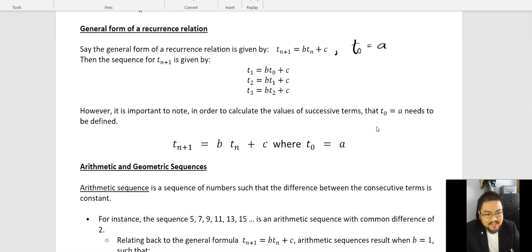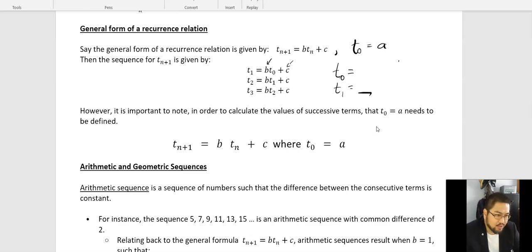So what this is saying is that if you are given a sequence, you're given a number, a term 0. To find out the next number in the sequence, you need to multiply by b, and you need to add or subtract a value c, and once you do that, you'll get your next answer, t1.